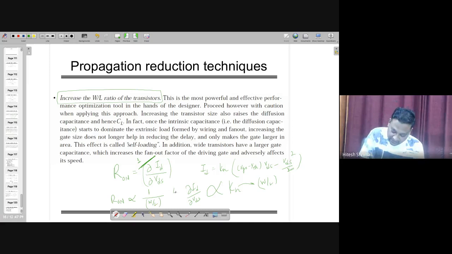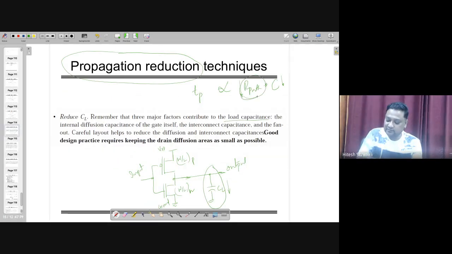So it's L by W. Generally we don't touch L because channel length, we are going to keep it minimum channel length, right? And as you are increasing the W, your resistance is decreasing, and that is what we wanted, to have lower resistance.